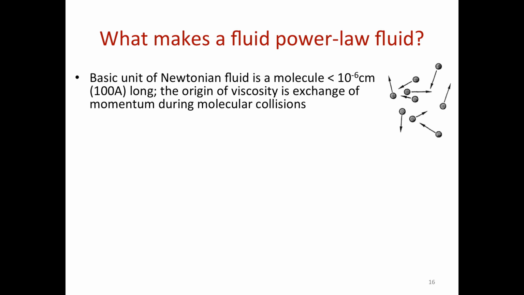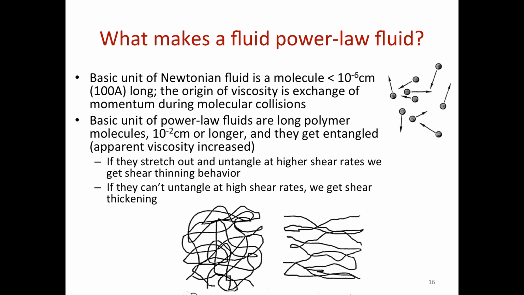Okay? And these polymer chains can entangle or detangle depending on the shear stress applied to them. So I will often have different behavior depending on these polymer chains. They could actually stretch out and untangle when I apply the shear stress, and in that case, I'm going to have shear thinning behavior.